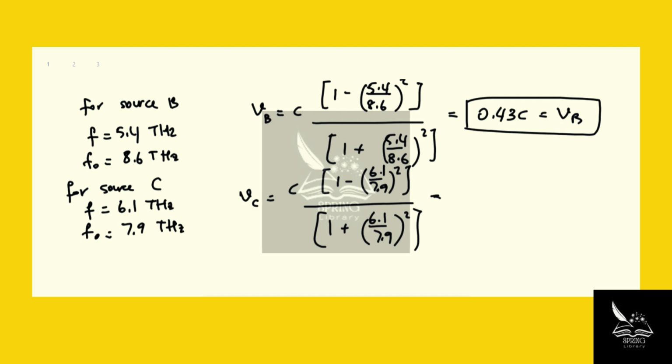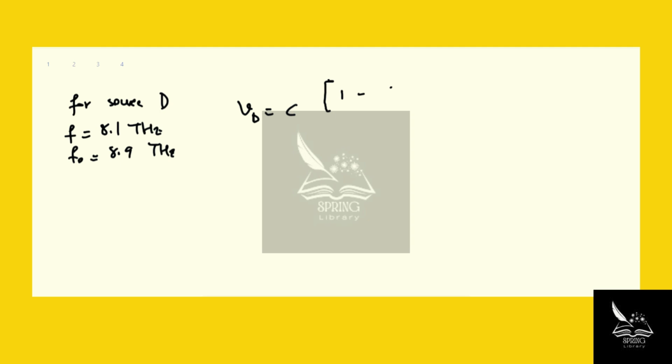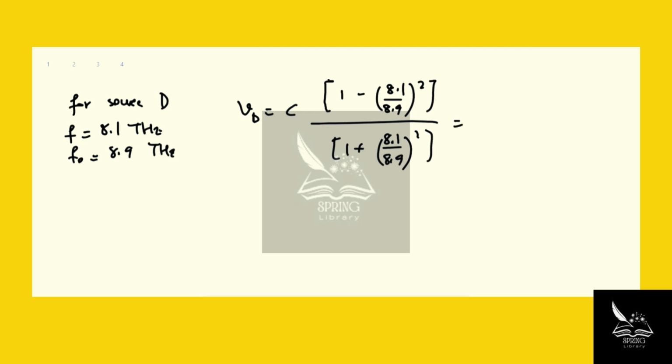Now the speed for source C is found to be 0.25 c, just like source A. Now for source D, f equals 8.1 terahertz, and f naught equals 8.9 terahertz. Now V_D is going to be c times 1 minus (8.1 divided by 8.9) squared divided by 1 plus (8.1 divided by 8.9) squared. From here, we find it to be 0.09 c.